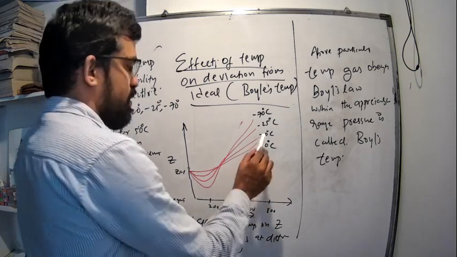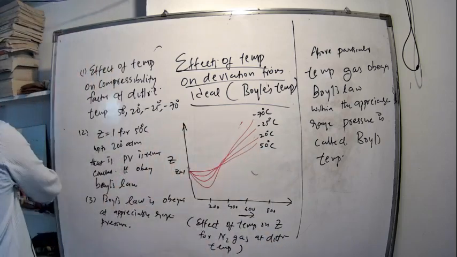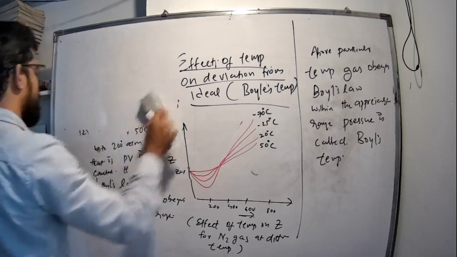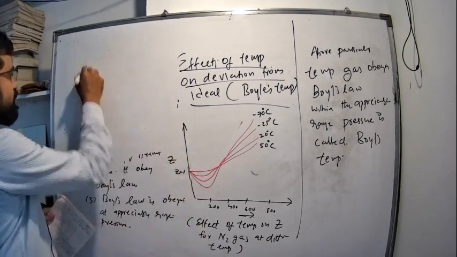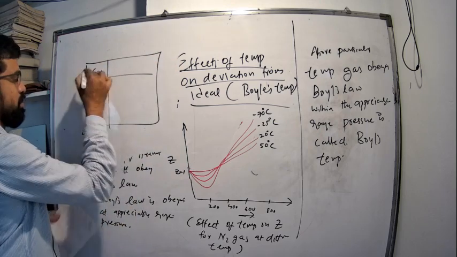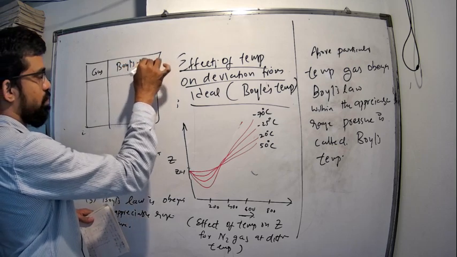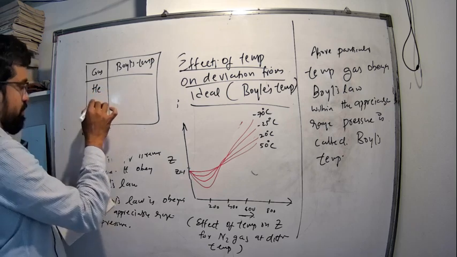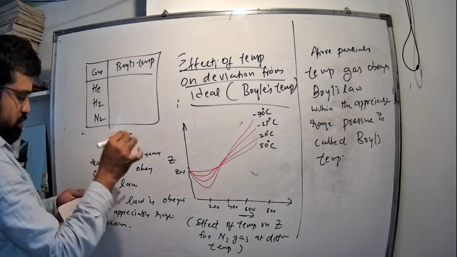So, this is the Boyle's temperature for nitrogen. Similarly, you can also note down the Boyle's temperature for different gases.